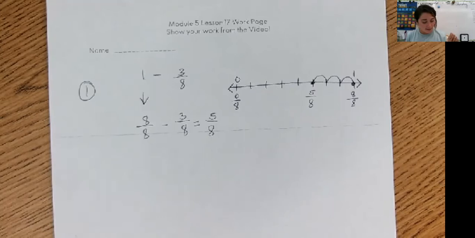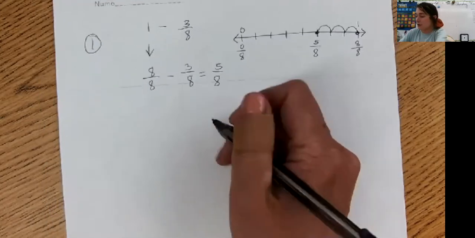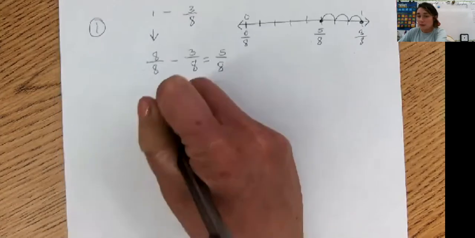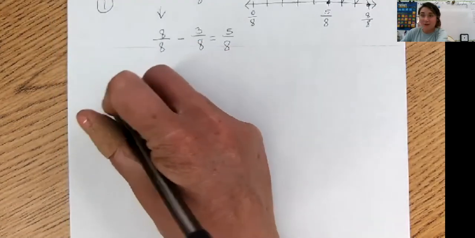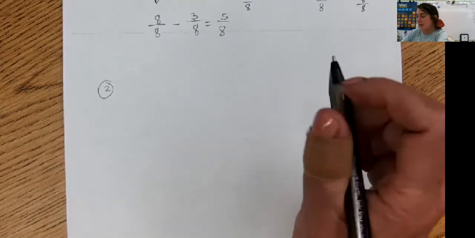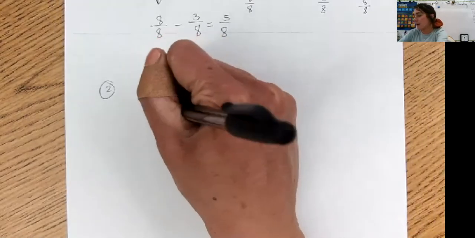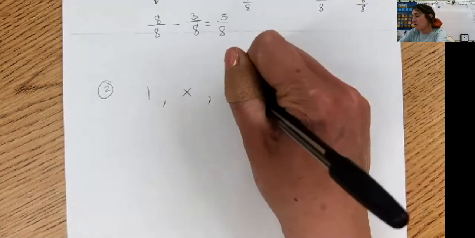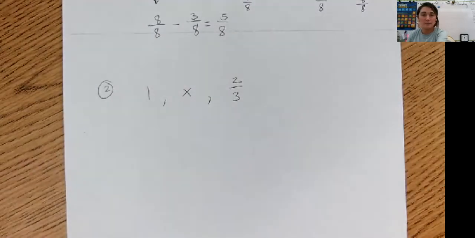Okay, my second problem. I want us to think about it. If I were to give you the following numbers and variables, what 2 addition subtraction problems can I make? So I have 1, I have x, and I have 2/3.